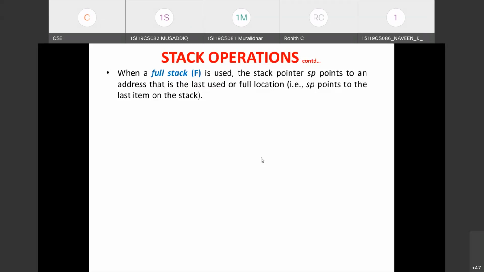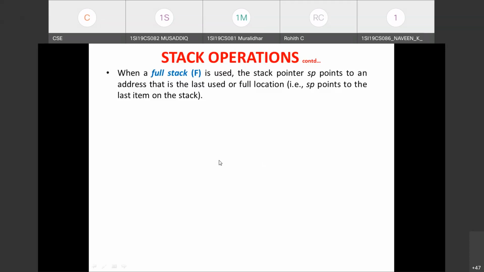If you have taken ascending stack, to perform push operation we need to first increment the stack pointer and then insert the data. If it were to be descending stack, in that case we need to first decrement the stack pointer and then insert the data. At any point of time, if we check the stack pointer in case of full stack, it will be pointing to the last element inserted. This is about full stack.